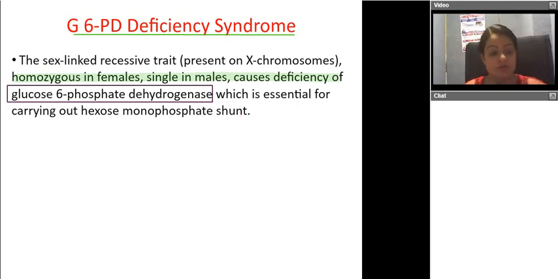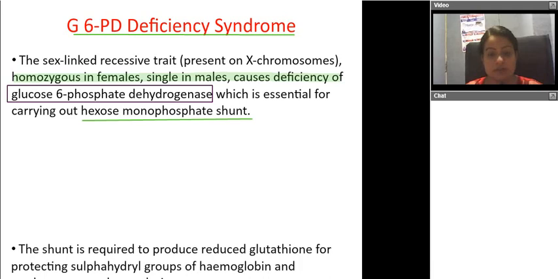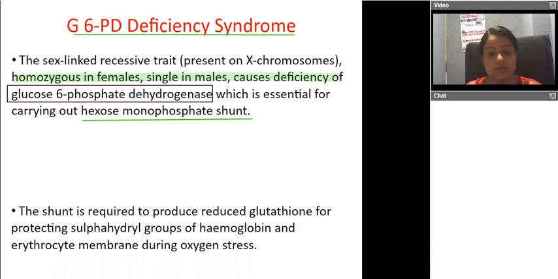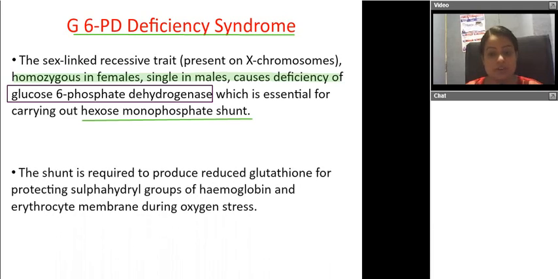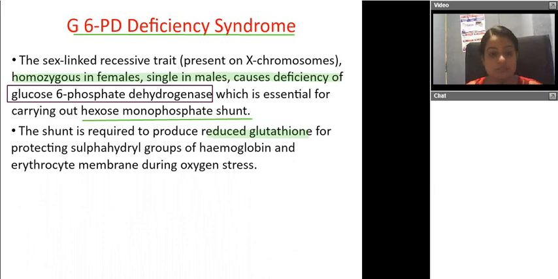The hexose monophosphate shunt is required for carrying out reduced glutathione production, for protecting the sulfhydryl group of hemoglobin and the erythrocyte membrane.